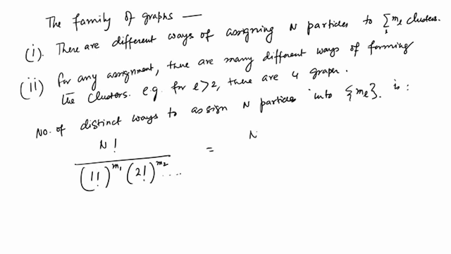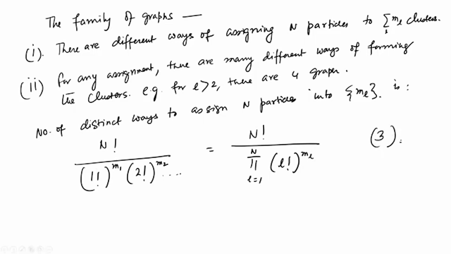So, this is n factorial over the product from L equal to 1 to n of (L factorial) to the power ML, where ML is M sub L, and this is equation number 3.